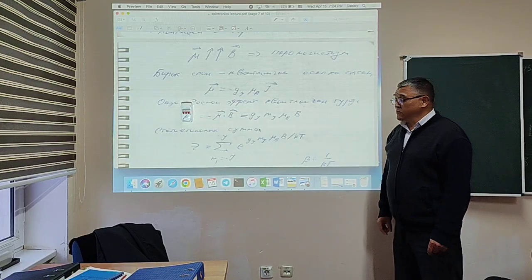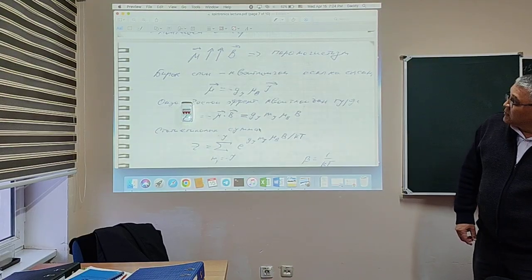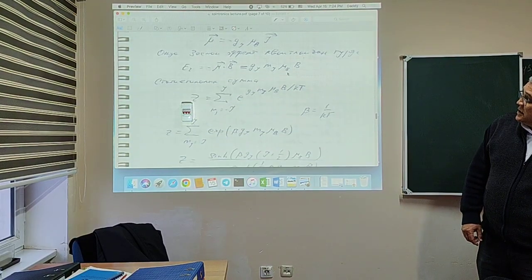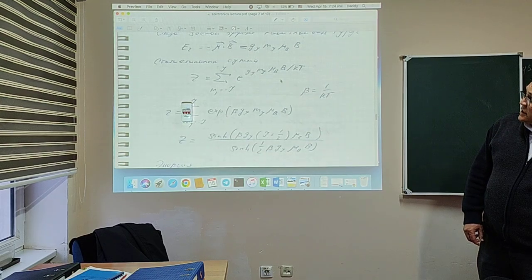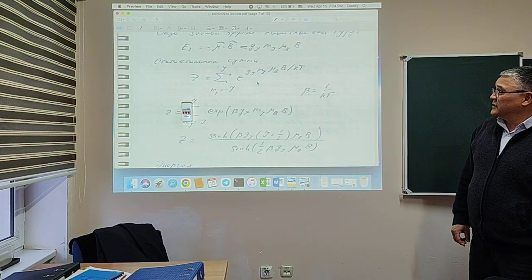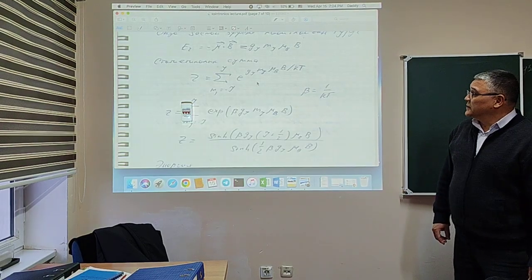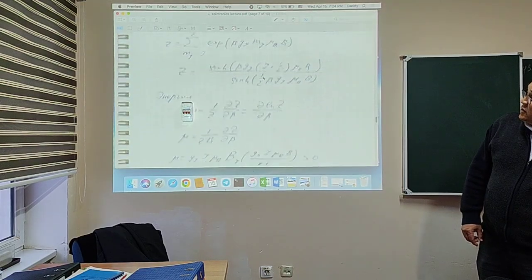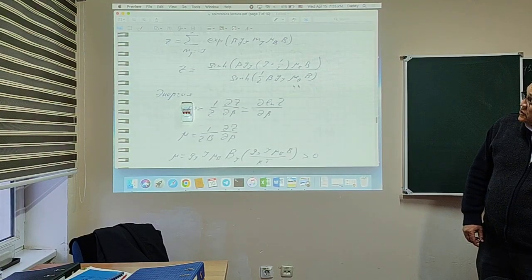So according to this, we can use again this formula for mu and find this Zeeman energy, which is equal to this. Now, the statistical sum looks like this here, and since it looks like a geometrical series, we can find this final value for Z, which is equal to this expression here.